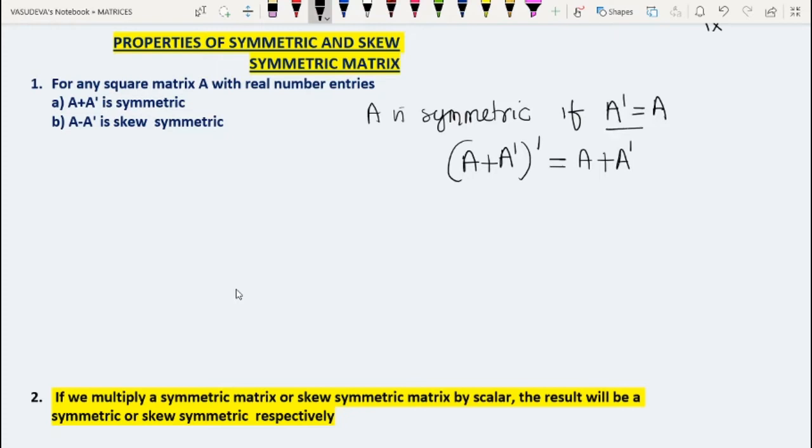If A is symmetric, A dash is equal to A. So for A plus A dash to be symmetric, what should we show? A plus A dash whole dash is equal to A plus A dash.